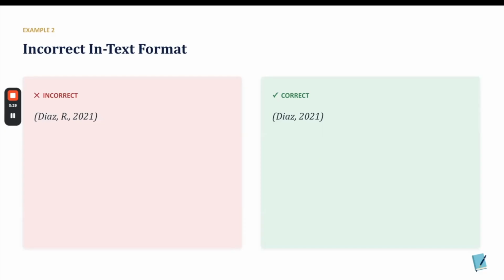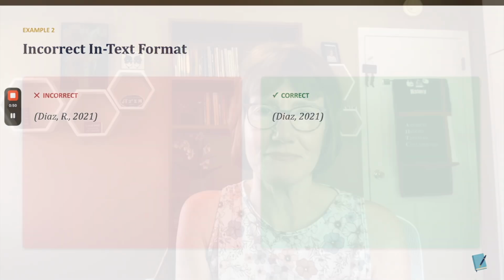It is very rare for us to need to put an author's first initial in a parenthetical citation. I'll definitely include a video of when that would be necessary, or you can find it in your APA 7 guide. But almost all the time, Diaz, 2021, last name, year, is going to be sufficient.